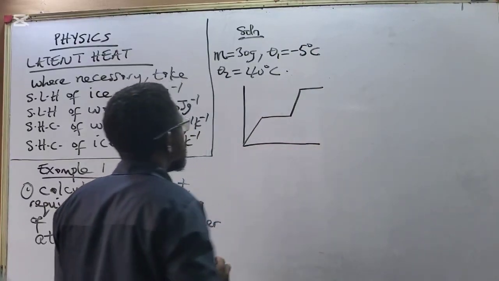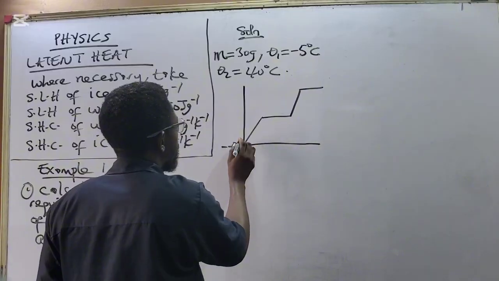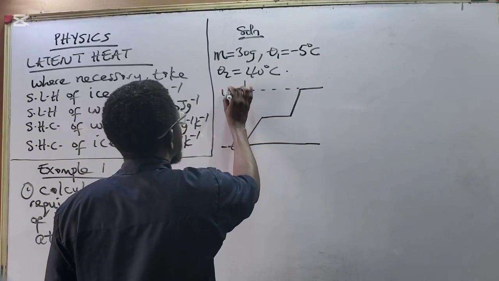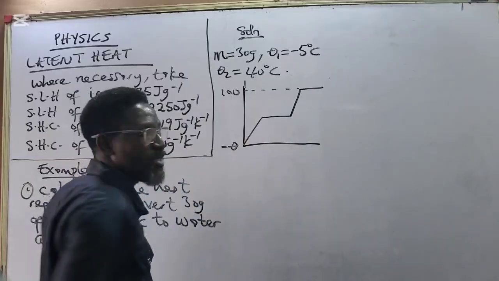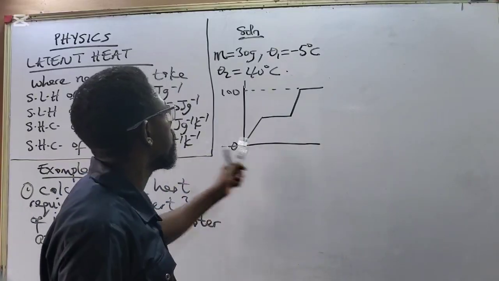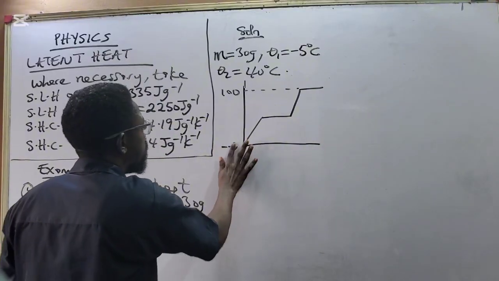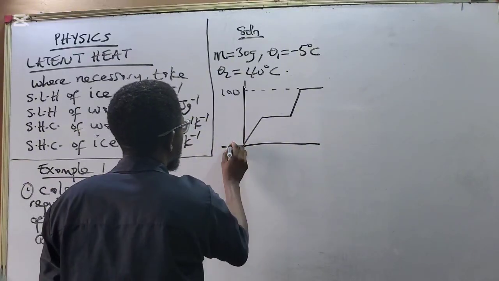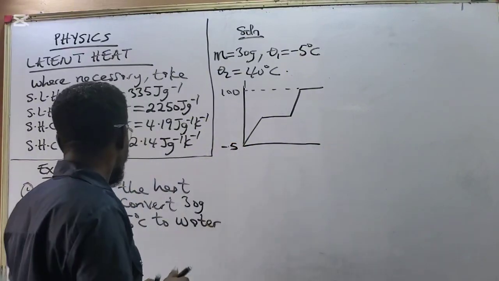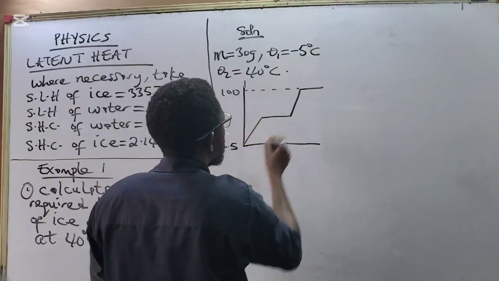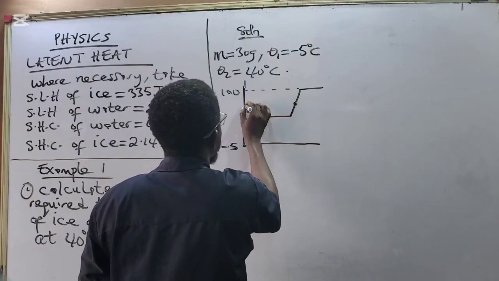I draw ice at minus theta to steam at 100 degrees C, temperature against time. Now the ice lies at minus 5, so here I'm going to put minus 5. Remember, here is water at 100, so we can pick a point here.